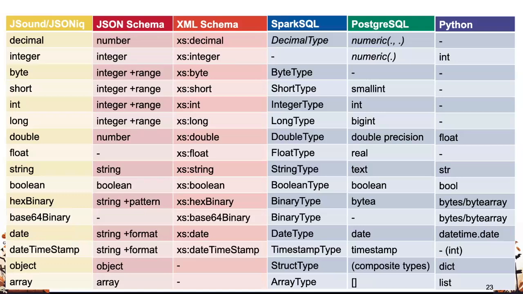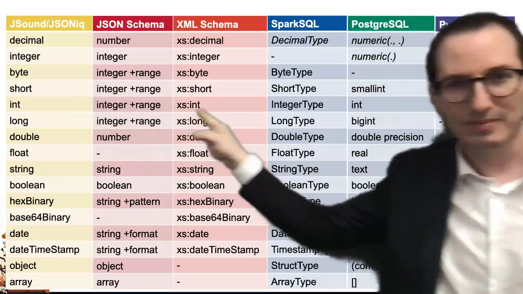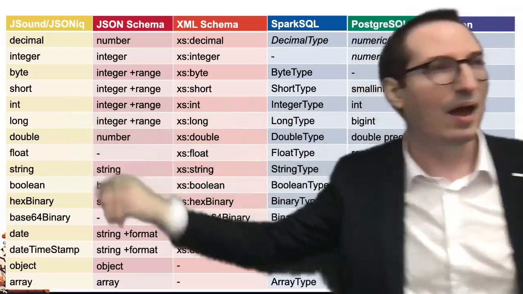And JSONiq, you can see it's actually the same ones pretty much as JSON Schema and XML Schema. And JSound, which I would call a pedagogical schema language to teach. So basically, you can see here that the restaurant menu is more or less the same, but the one thing that varies is the names, right? They all mean the same here, but they are called differently depending on the system. How do you know?